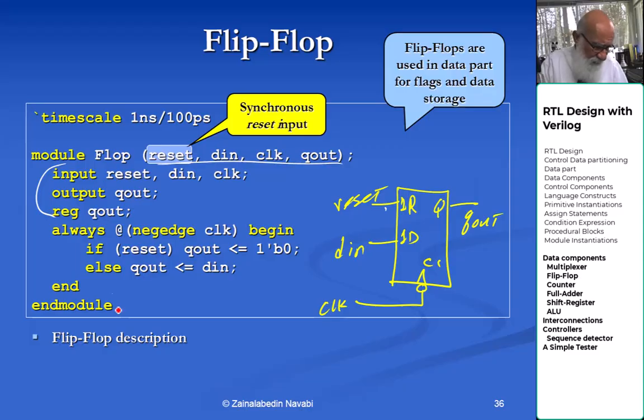Let's read it. On the negative edge of the clock, flow begins in this always statement. When flow begins in this always statement, right after the negative edge of the clock, if reset is 1 during that negative edge, then a 0 goes into Q out, and if reset is not 1, then D in goes into Q out.